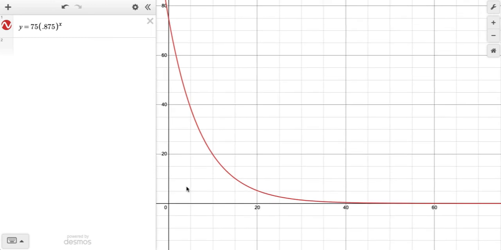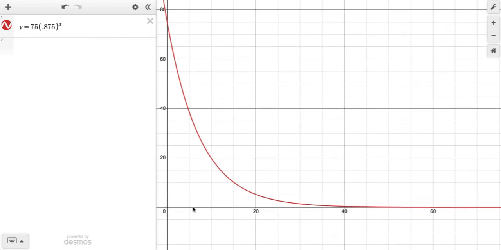Let me zoom this up a little bit so we can see after 15 minutes, which would be right around here, the value of the difference will be about 10.12. And the longer we let that coffee sit, we see that the temperature difference is really insignificant. So that's our function for that situation.